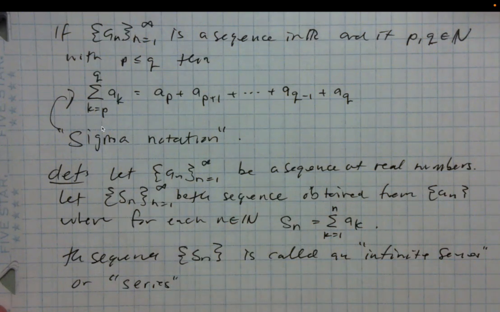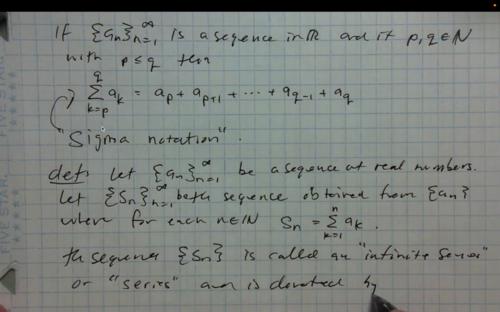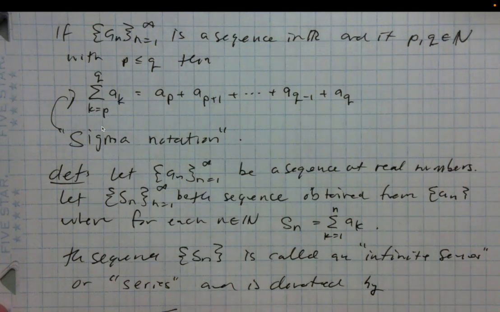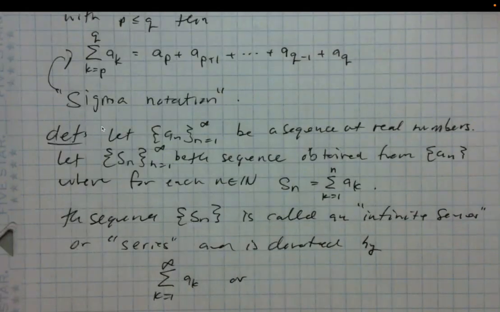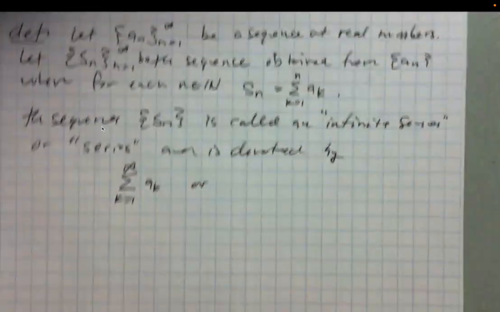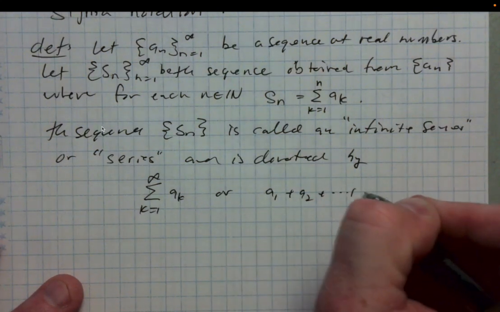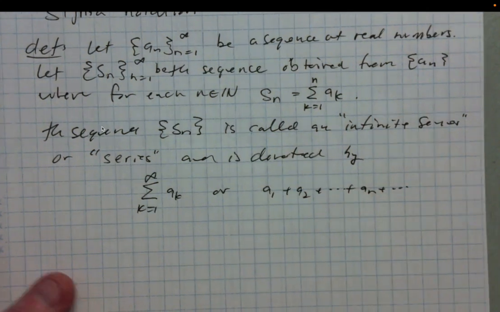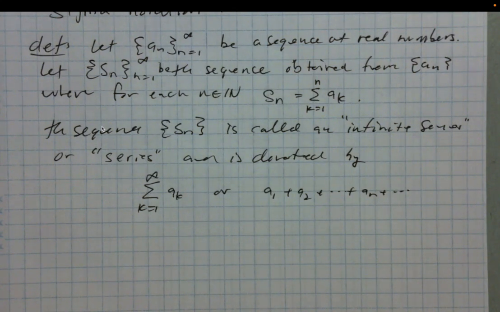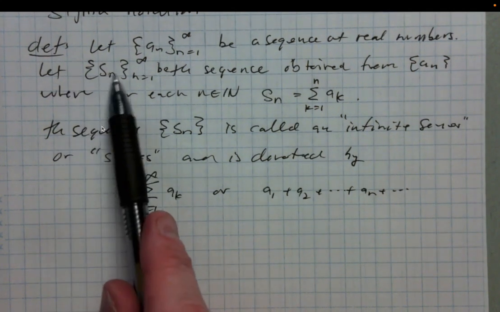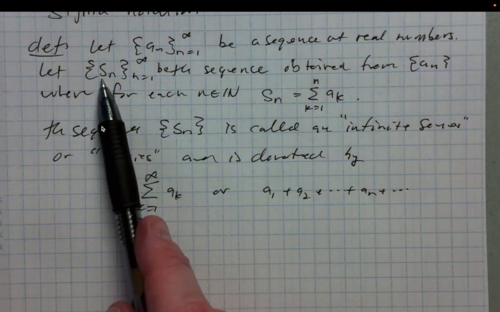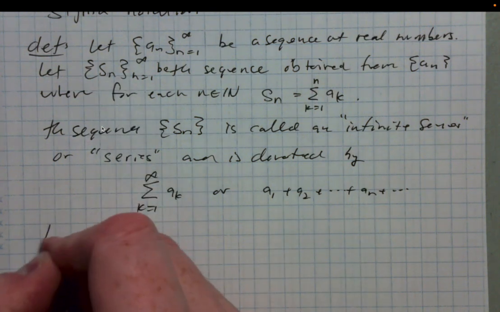It's denoted typically by the sigma notation, the sum from k equals 1 to infinity of a sub k, or, less concisely, a sub 1 plus a sub 2 plus dot dot dot plus a sub n plus dot dot dot. So it's an infinite sum.